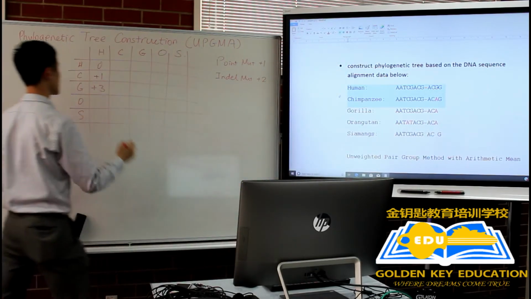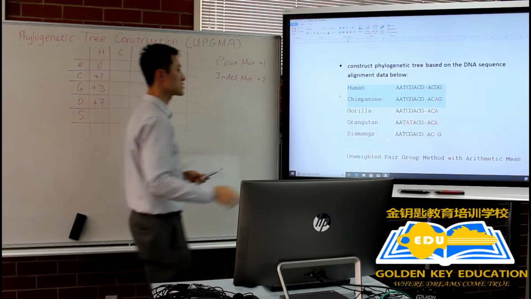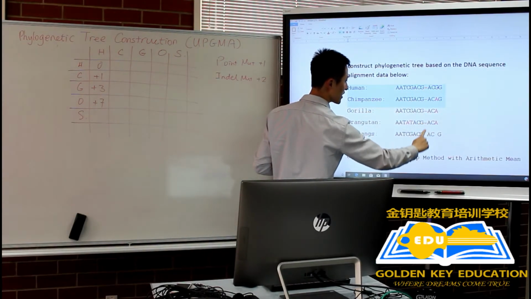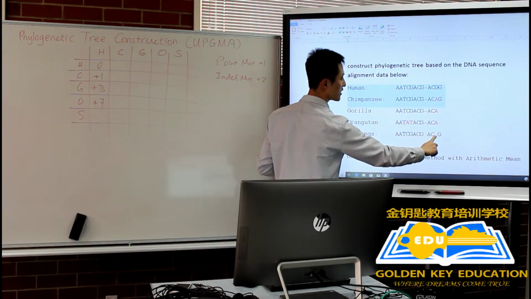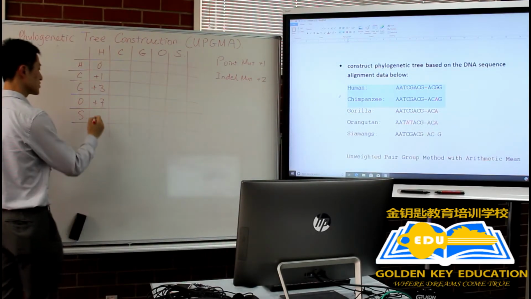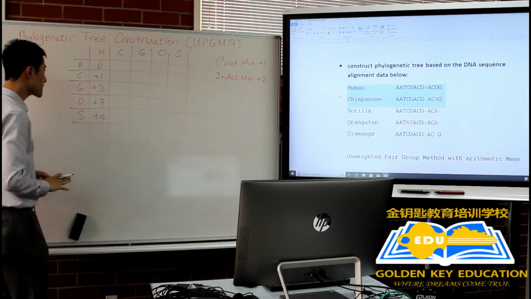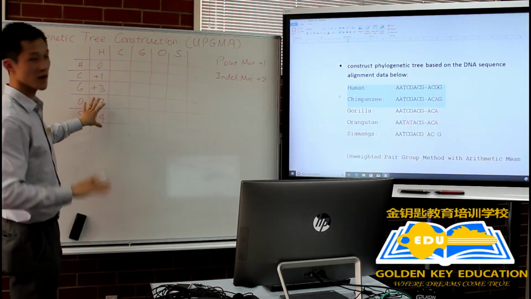So the difference score between human and orangutan is +7. And human to siamang, we're looking at an indel event right there, so that's +2. And another indel event right there, that's +2 again. So +2 and +2 is +4. Now, we've done the human to everything else comparison.